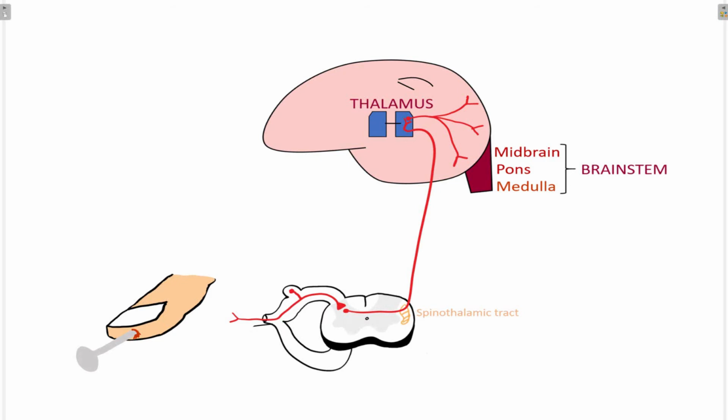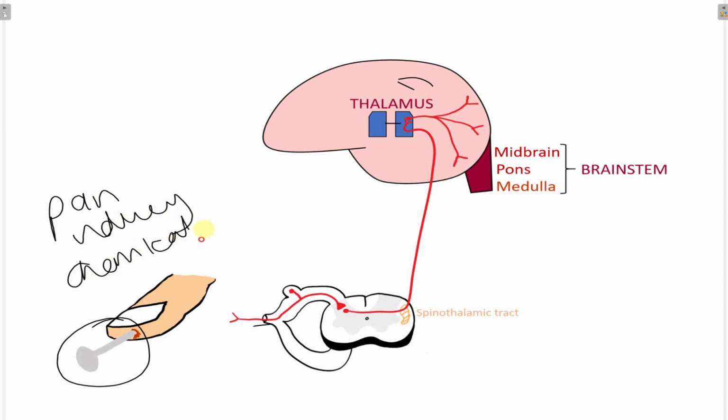We're just going to do a quick run through, and this is just a zoom out. Say we have some sort of noxious stimuli like a nail being put into someone's finger. This noxious stimuli can activate pain receptors known as nociceptors, and this can cause the release of pain-inducing chemicals, such as substance P or bradykinin.